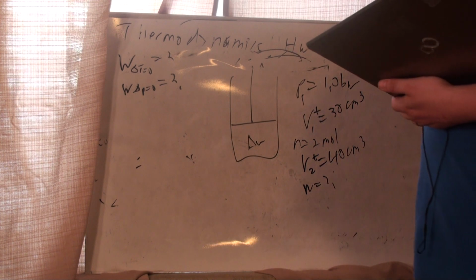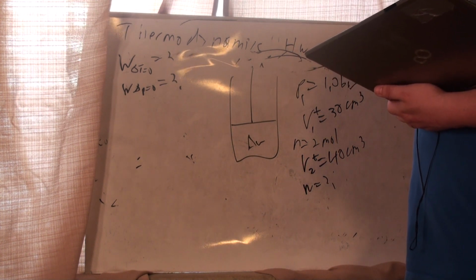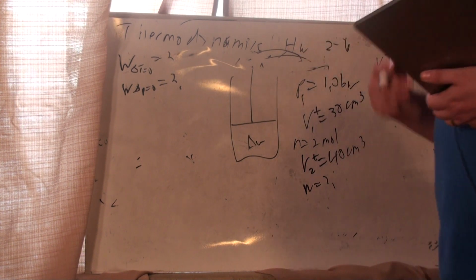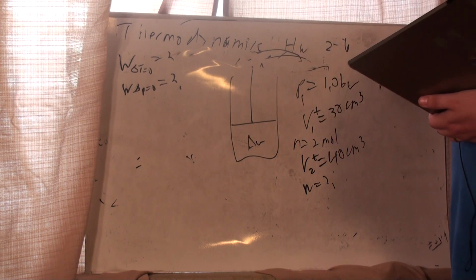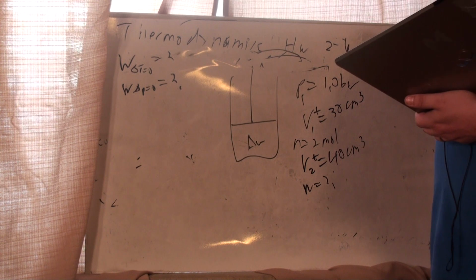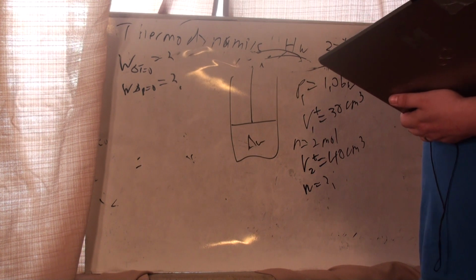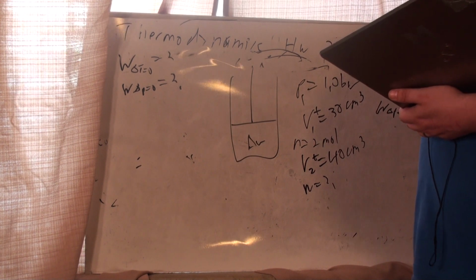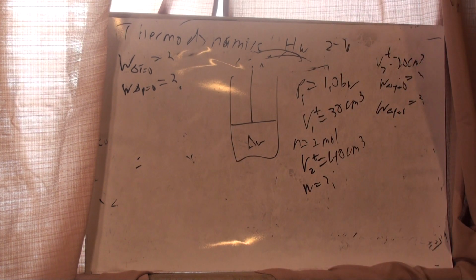So an alternative is V2 total is equal to 20 centimeters cubed, same thing. So work with delta T equals 0 equals whatever, and then work with delta P equals 0 equals whatever. For the isothermal expansion, compare the work. Okay, we'll get there. So let's do this.